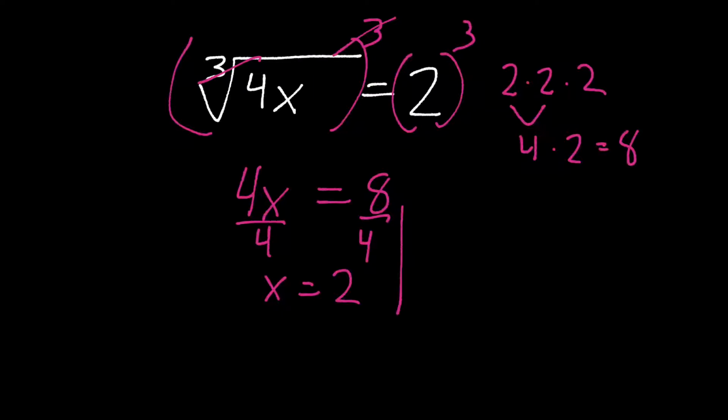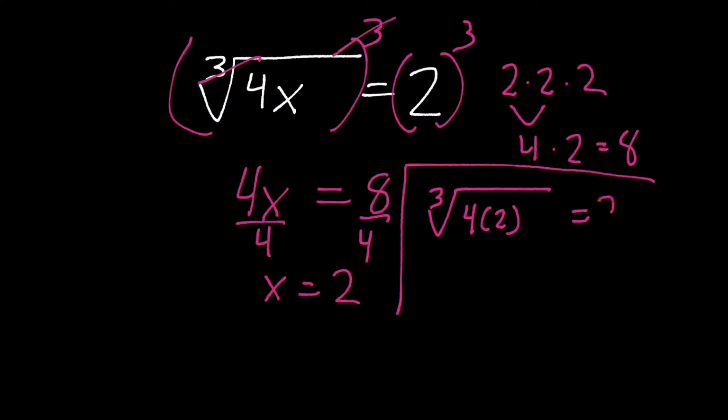Being good mathematicians, we plug it back in. So we have the third root of 4 times 2, and we want it to equal 2, hopefully. 4 times 2 is 8, so the third root of 8, we want it to equal 2. And well, we kind of proved it with our work up here. 2 times 2 times 2 gave me 8.